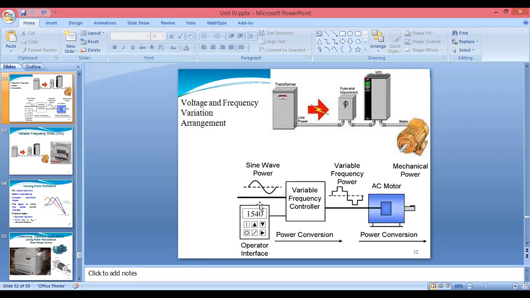So here we are changing the voltage and frequency variations. It means we can change the voltage, and we can change the frequency by using the variable frequency controller, VFC. So we can change the value of frequency, and you will get a change in the speed.